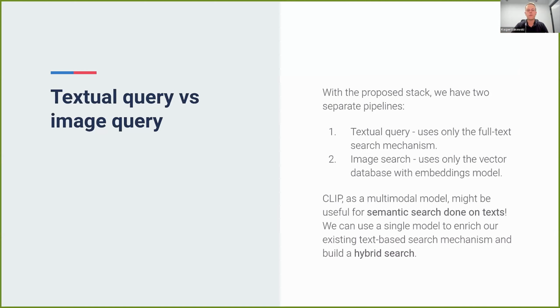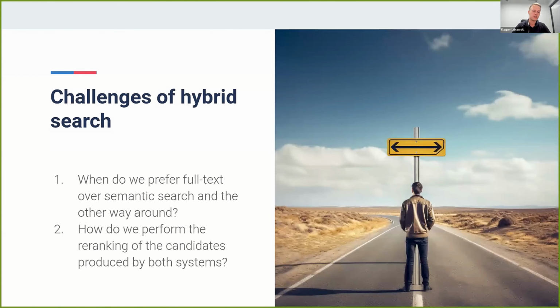There are plenty of ways to implement hybrid search. There are also some challenges. The one that I mentioned is when to prefer full text search. Another is how we re-rank the candidates created by both systems. That's still a challenge. There is a lot of work related to learning to rank, so using different machine learning models to perform the re-ranking on the results of both search mechanisms.